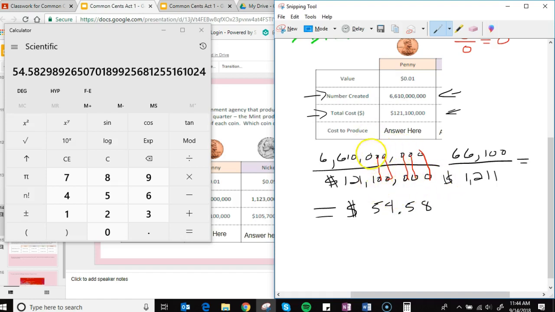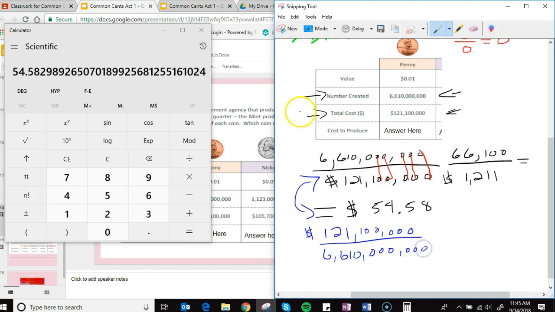Why don't we try flipping it? Let's go to the blue pen for that. So, 121,100,000 divided by the number. Remember, this is the money on top this time. We've inverted our fraction. Now we have 6,610,000,000 pennies.